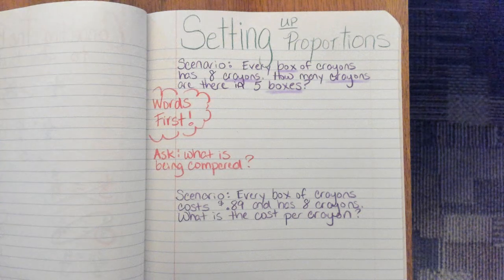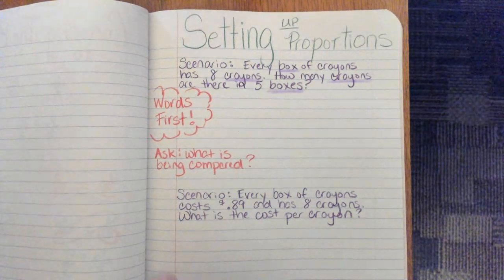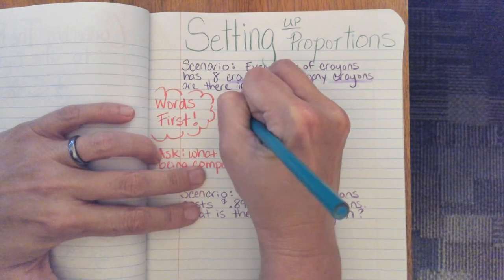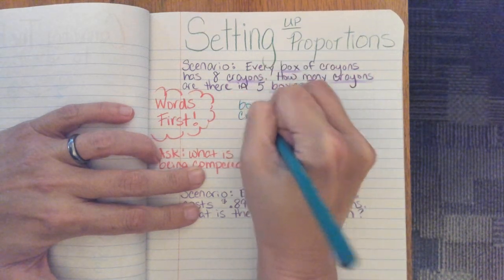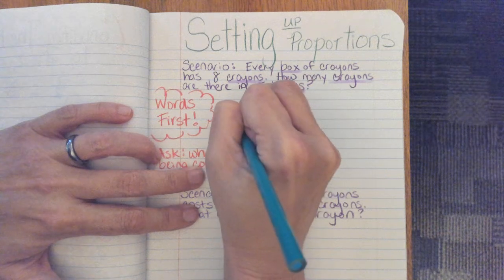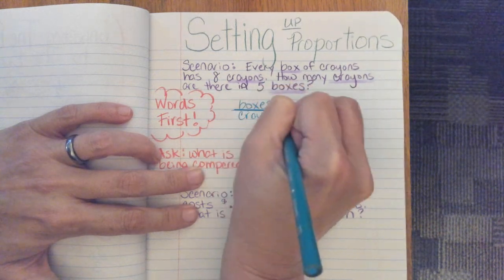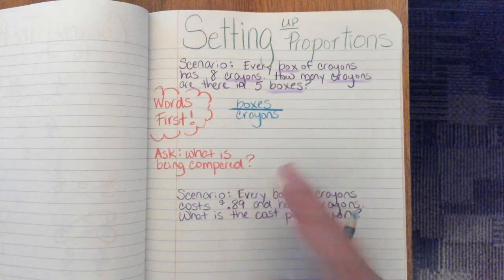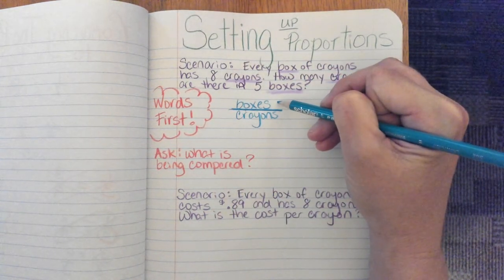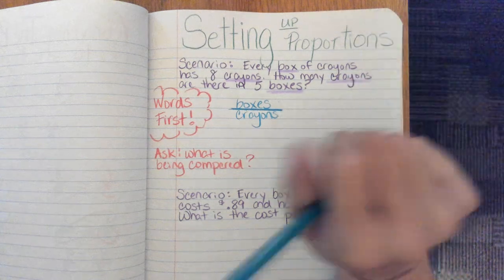So your words are boxes and crayons. Go ahead and write that like it's a fraction, because now when you set up your proportion, as long as you put boxes on the top and crayons on the bottom, it's going to work.